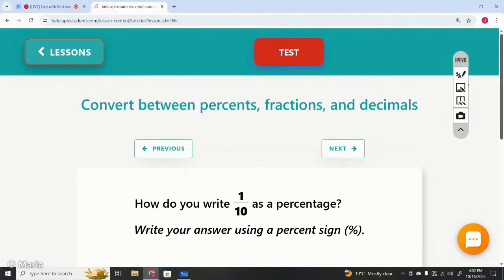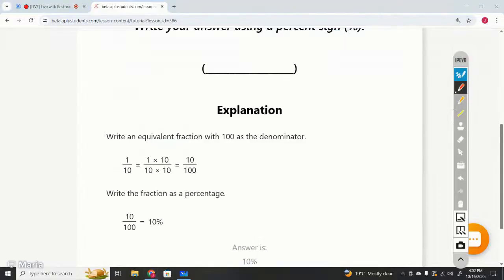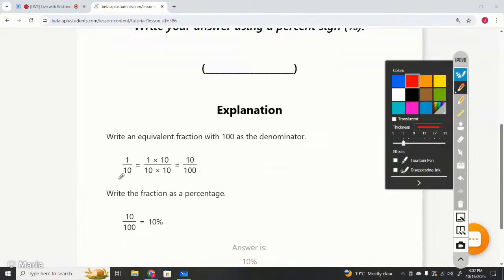How do you write 1 by 10 as a percentage? Whenever we need to write a fraction in the percentage form, we need to make the denominator equal to 100, right? So the denominator is 10. We know that 10 times 10 is 100, so you need to multiply the numerator and the denominator as well.